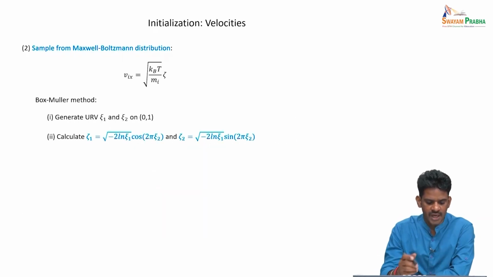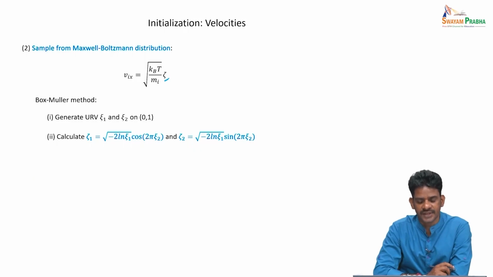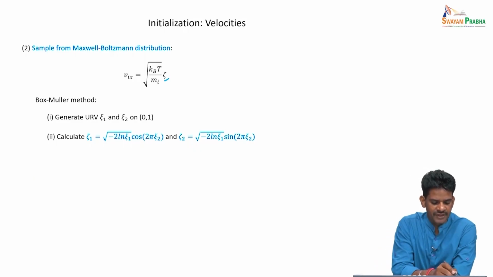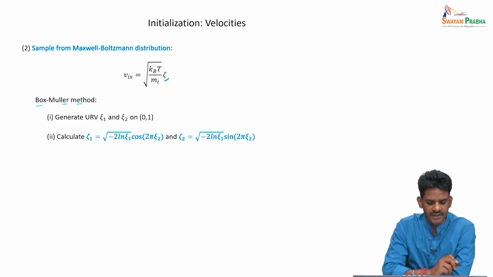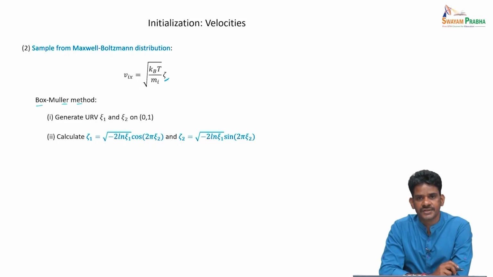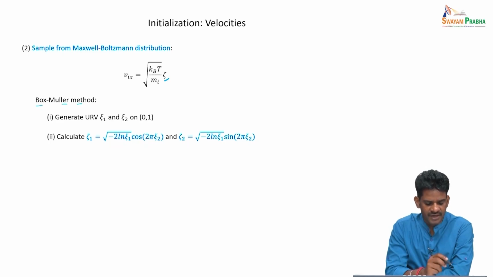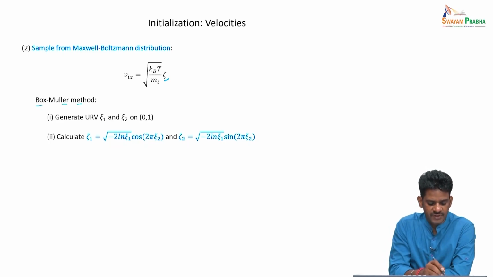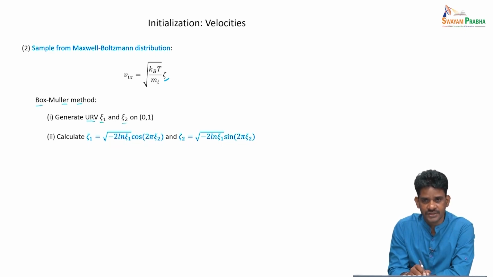Now, the question is, how do we generate the unit normal random variate psi here? There is a popular method known as the Box-Muller method, which generates sets of unit normal random variates. The way it is done is, you first generate two uniformly distributed random numbers eta 1 and eta 2 in the range 0 to 1.